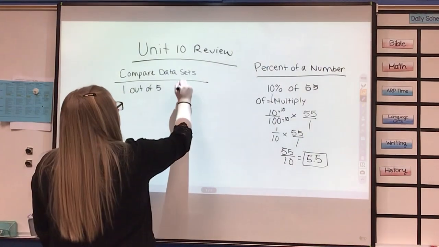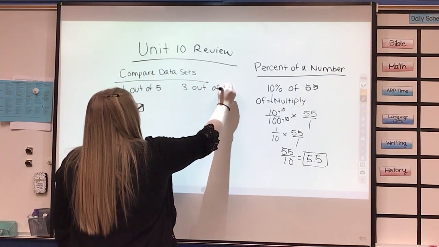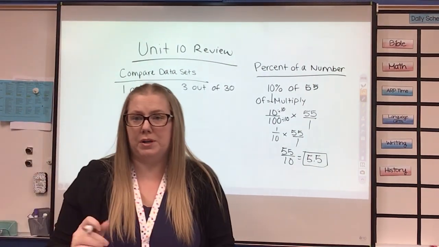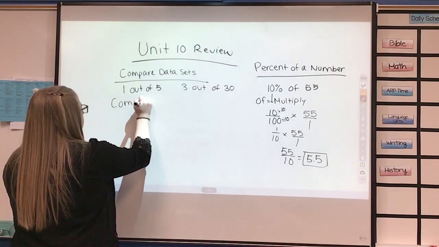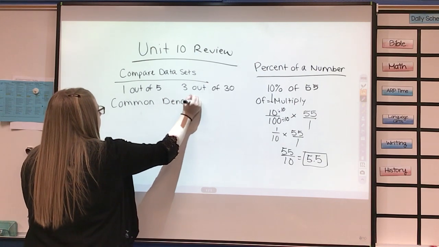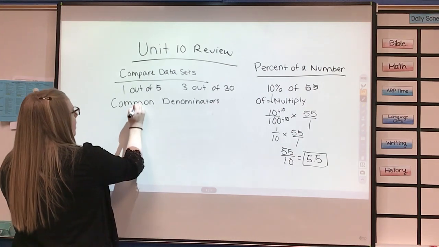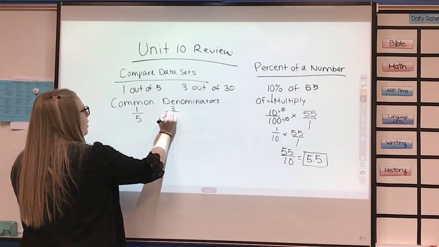So I have 3 out of 30. So like I said, I'm going to do common denominators first. So again, 1 out of 5 is 1/5. 3 out of 30 is 3/30.